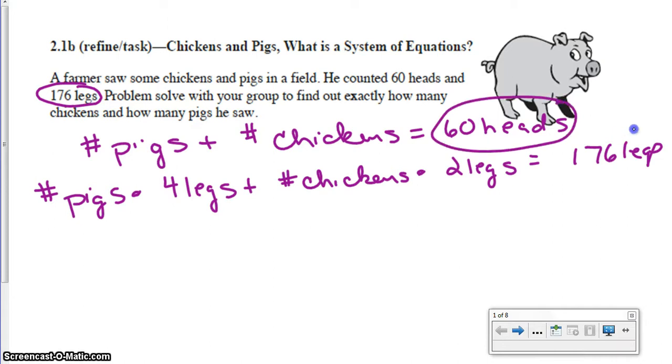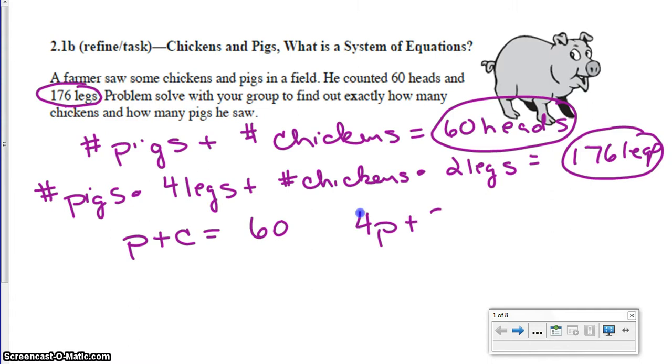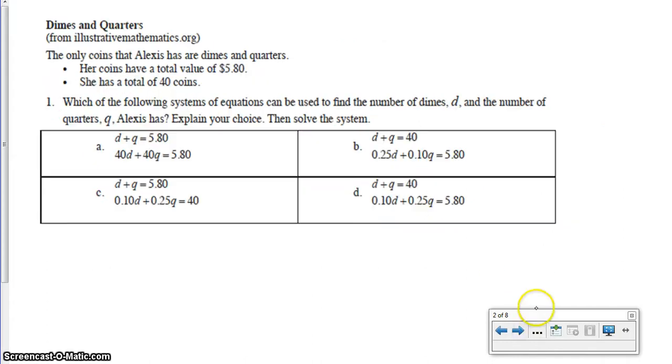You have a countable total along with a calculated total. So P + C = 60, and 4P + 2C = 176. And you can go ahead and solve it from here, and we'll talk about this tomorrow.